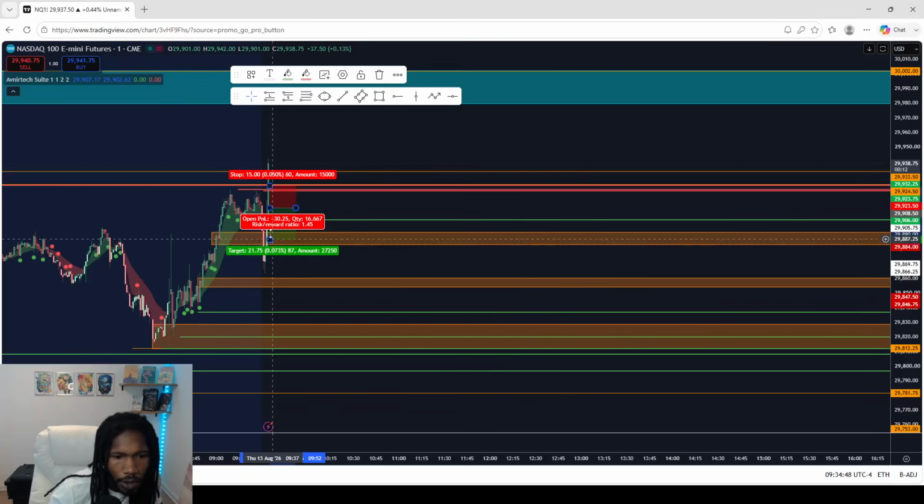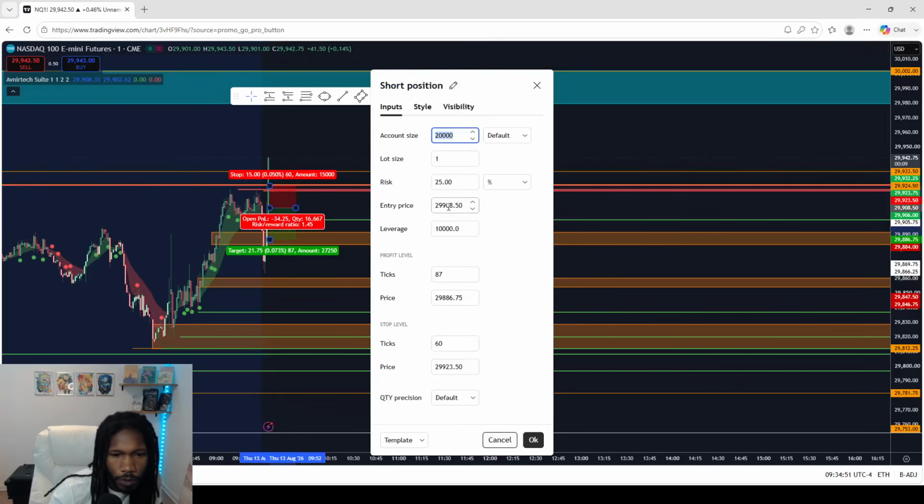All right, so actually the entry for this first position was 29909 point, let's go over 75. All right, we have a strong push to the upside right now. Boom, boom, and the stop was 29907.